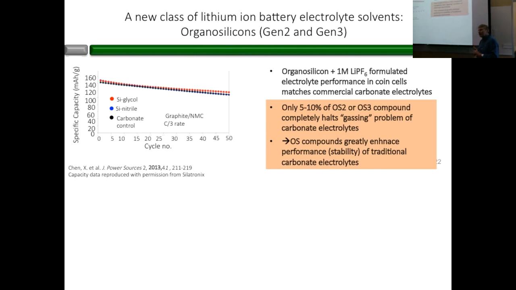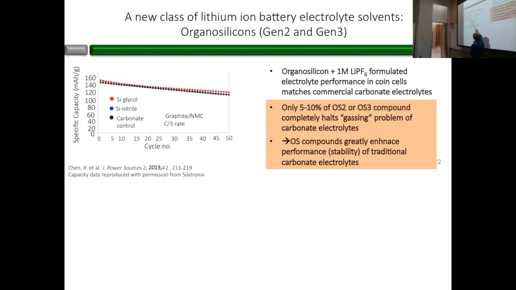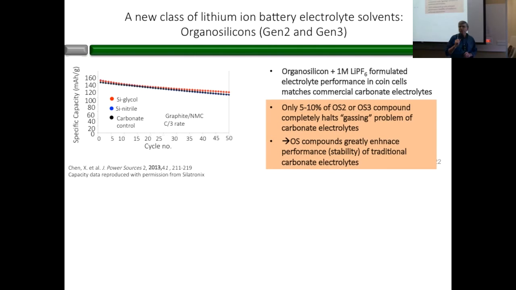The home run that we had was due to a completely unanticipated benefit. Originally, when we formed the company, we basically went in with the assumption that we were going to replace these carbonate electrolytes with these silicon-based electrolytes. And the problem we faced was that the battery industry is extremely conservative.